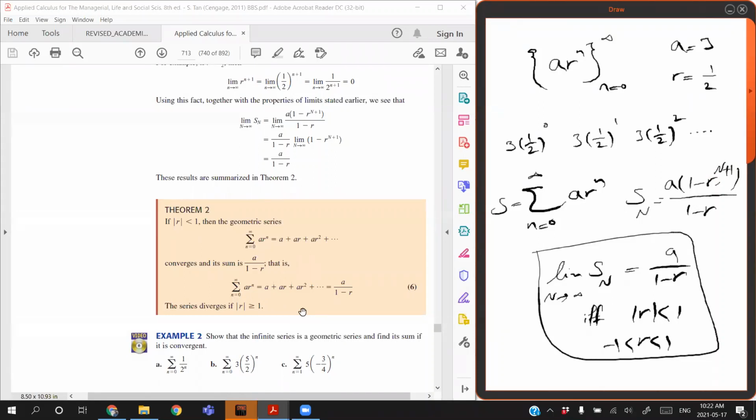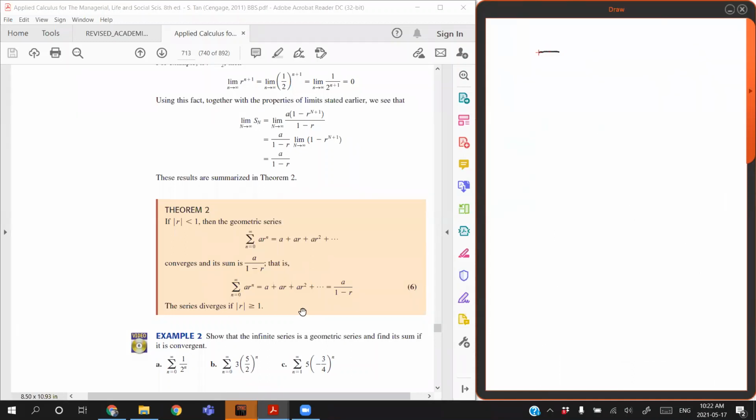So for example, with these a and r that I have here, if you have the sum from 0 to infinity of 3 times 1/2 to the power of n, then you ask yourself, okay, what is a?